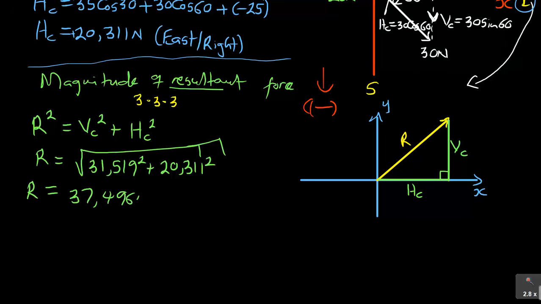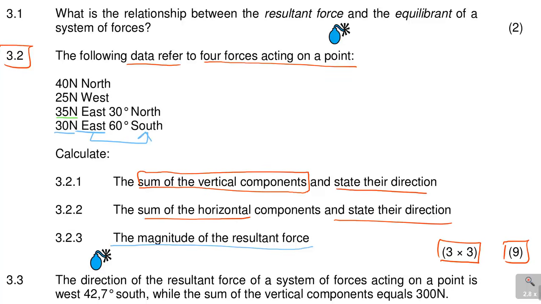That is the resultant force, which is what I'm supposed to write there. 37,496. That is my resultant force. Now the question here was saying we need to find the magnitude of the resultant force.